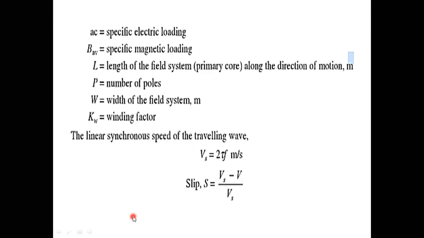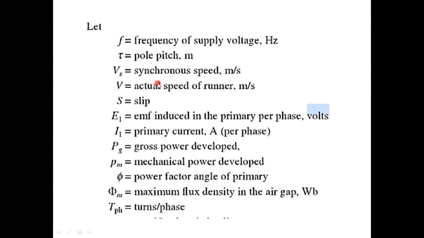What happens as a rotating magnetic field in a conventional induction motor should happen here in a linear form. That is, a traveling wave should be produced within the air gap of the primary and the secondary. Here, V s is 2 tau f meters per second, where V suffix s is the synchronous speed in meters per second.